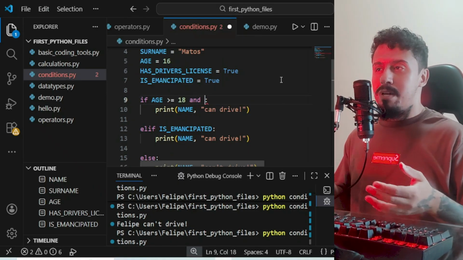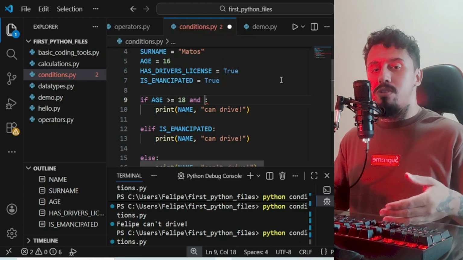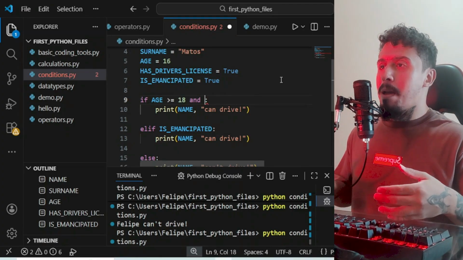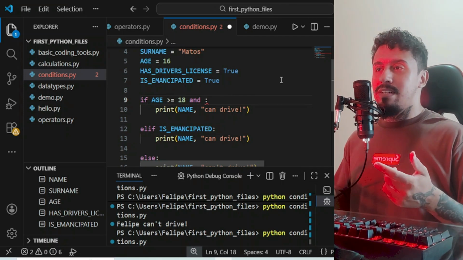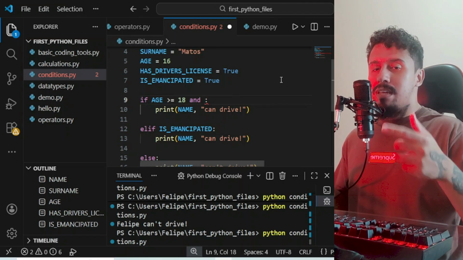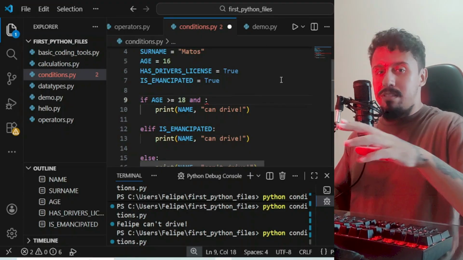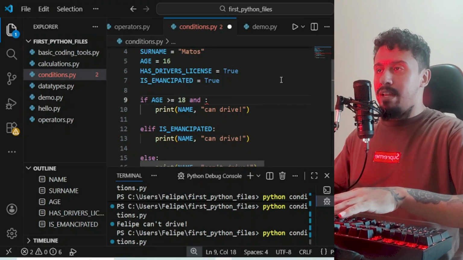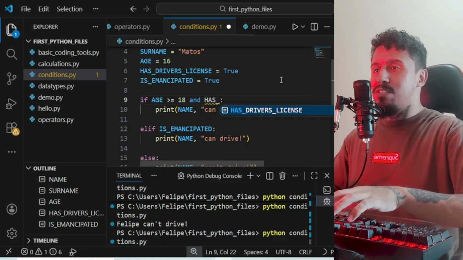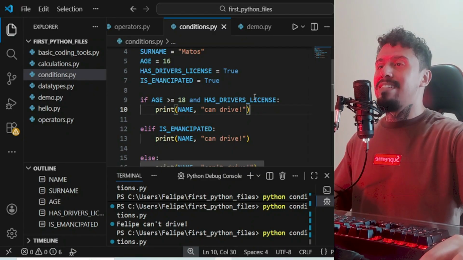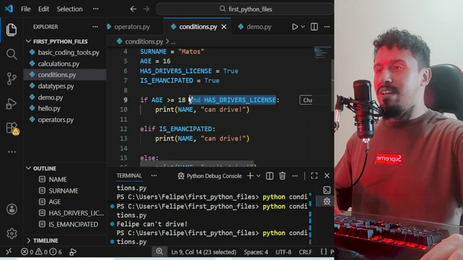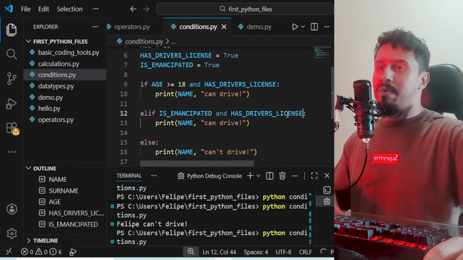So this is basically a decision making structure that uses more than one condition to decide if the person can do something, right, in this situation? So AND has driver's license. In this case, now we have a good comparison.